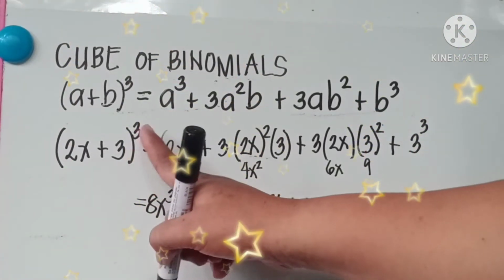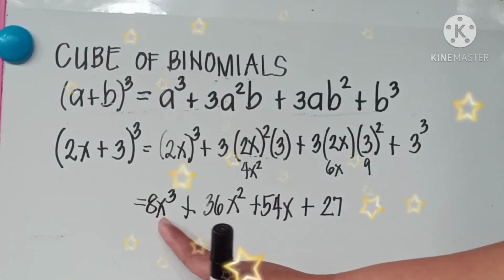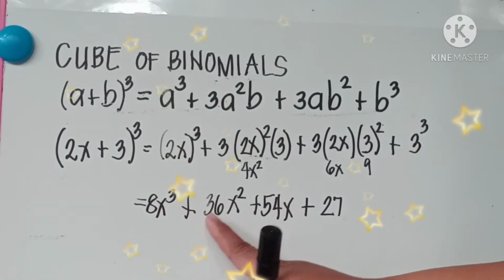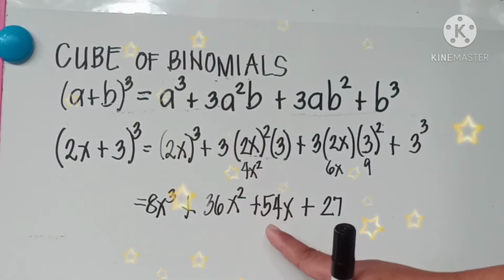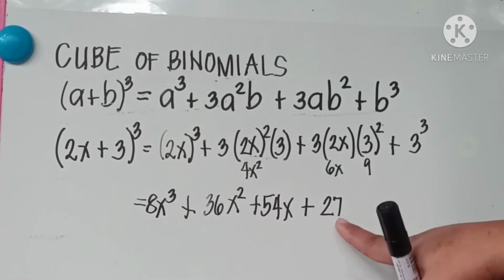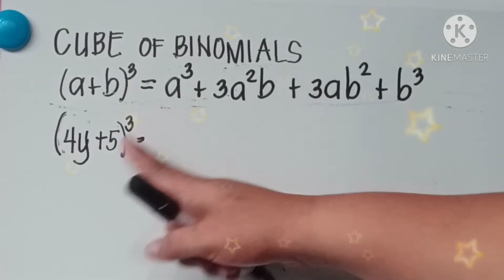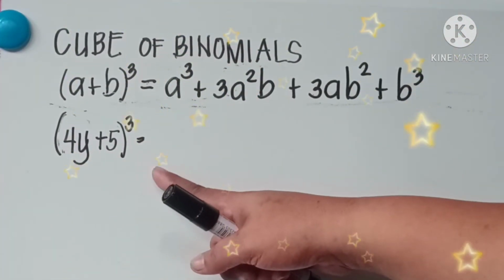Okay, so the cube of 2x plus 3 now is 8x cubed plus 36x squared plus 54x plus 27. So third example is the cube of 4y plus 5.